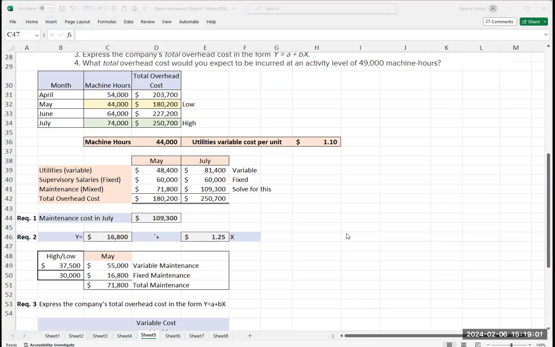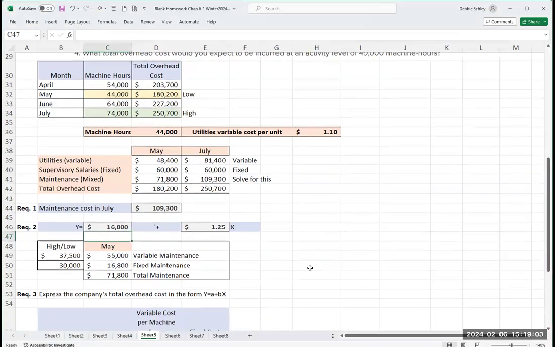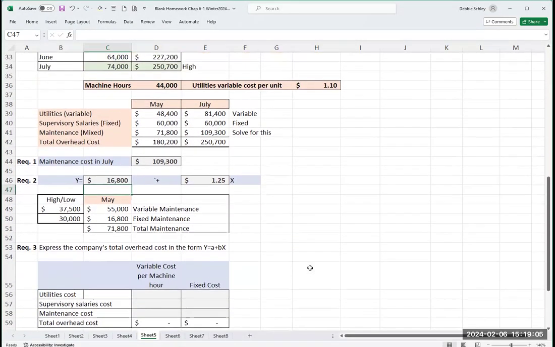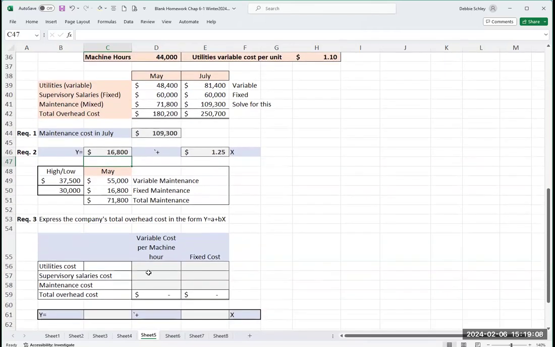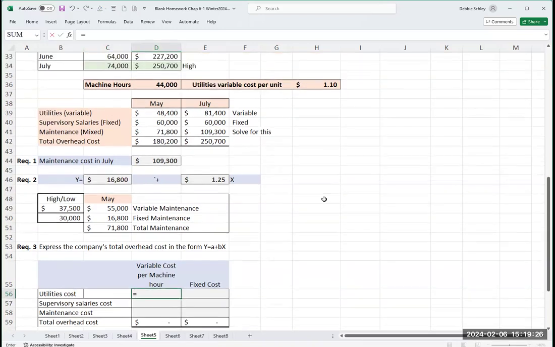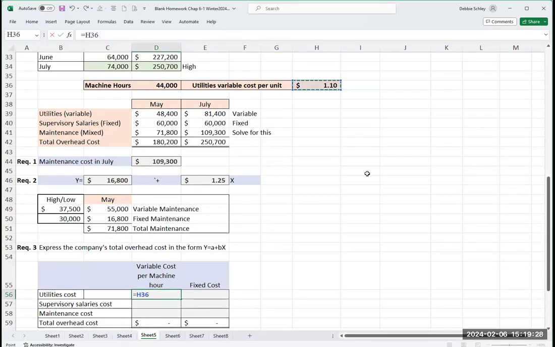Now, what do they want? They want me to add up the variable costs. So now we're talking total overhead costs. In required two we were just looking at maintenance, now we're talking about total. My variable cost per machine hour for utilities was that $1.10 we figured out way back at the beginning of required one.